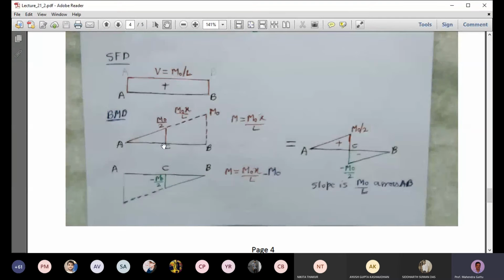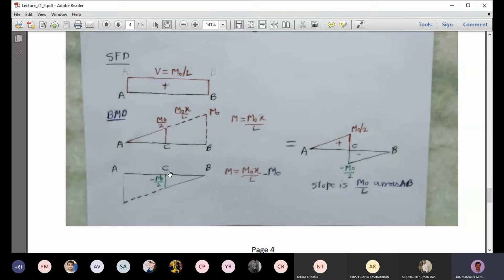So at C, what is the value? It will be m naught by 2. And this equation is valid only between A to C. So the curve here will be this solid line between A to C. Then we want to plot m is equal to m naught x by L minus m naught. At x is equal to 0, it will be minus m naught, and at x is equal to L, that is at B, this value will be 0.